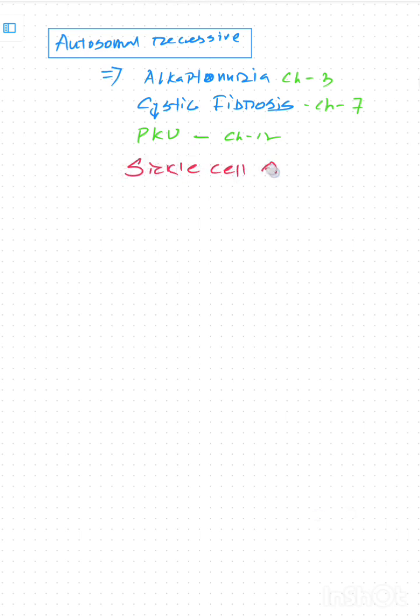Second, cystic fibrosis, caused, I think, by chromosome number 7, you can check. Then phenylketonuria, which is very important. On this topic I have given one video, you can check. You can use PKU, I think chromosome number 12. Then one of the most important is sickle cell anemia, which is caused on chromosome number 11.